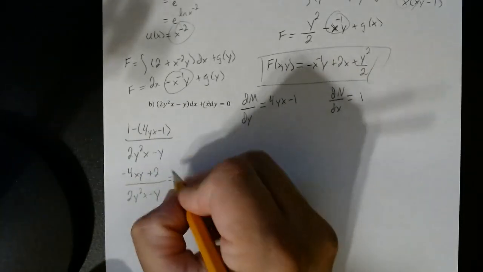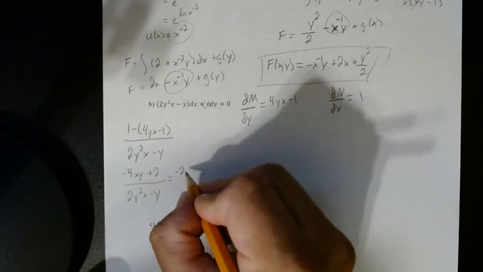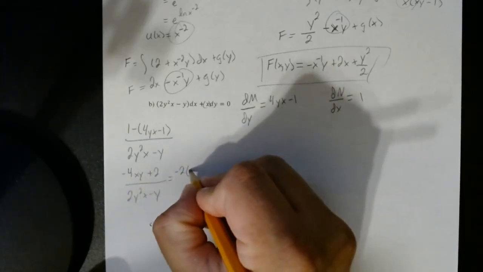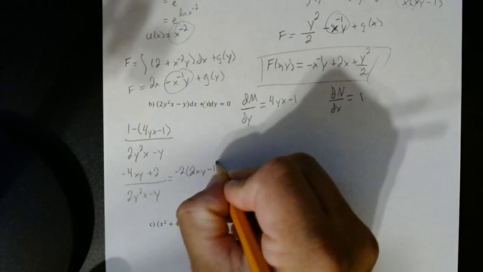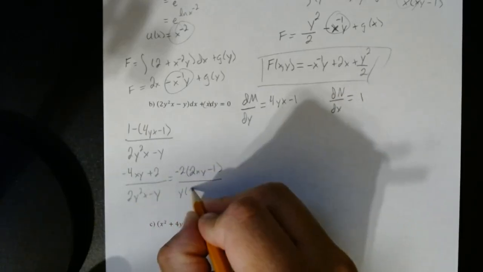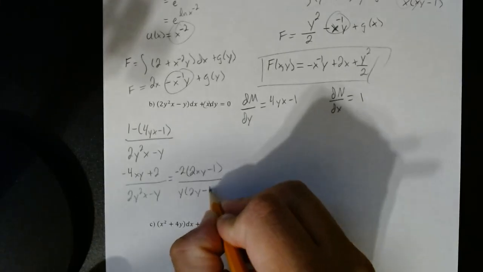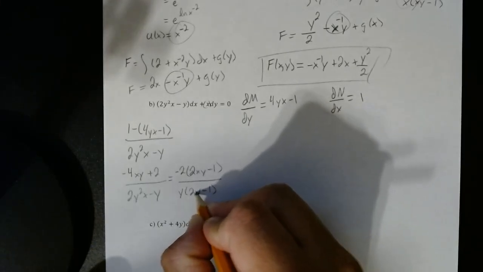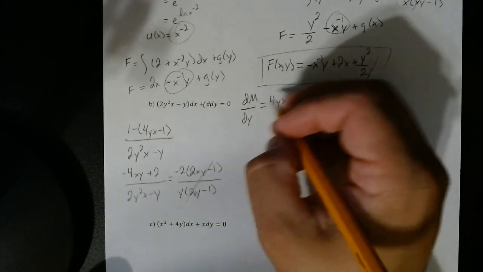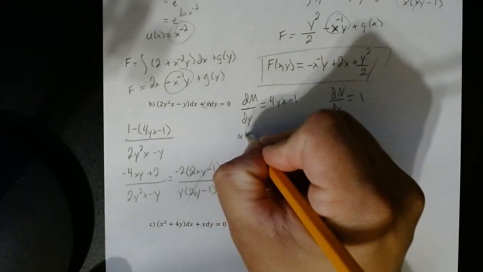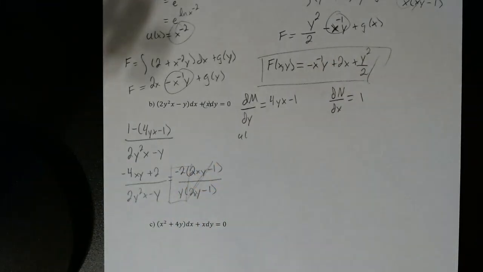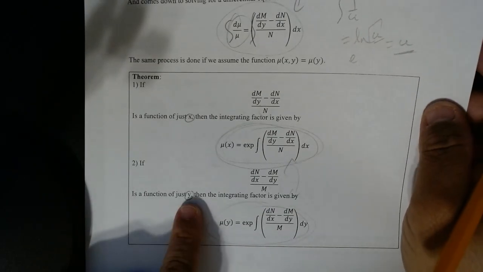So let's factor out a negative 2 again. So this becomes positive 2xy minus 1. Let's factor out a y. Oh, there's an x there. There you go. And these cancel again. So we get, oh, actually, let's check. So in terms of y, and that's exactly what we want in terms of y.